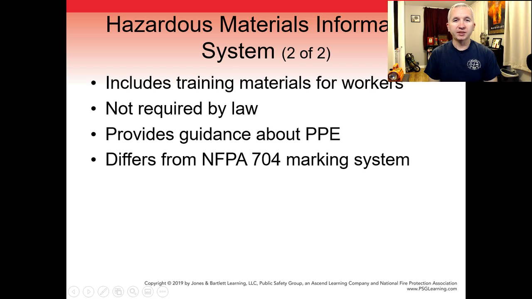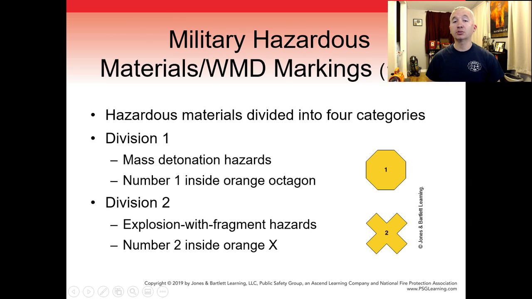In this lesson, we've seen a recurring theme regarding placarding and marking of hazardous materials for transportation use. But there's one entity in the United States that is exempt from all this, and that's the U.S. military. The military has its own hazardous materials and weapons of mass destruction markings. Hazardous materials are divided into four categories for them.